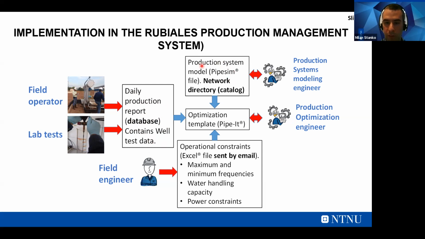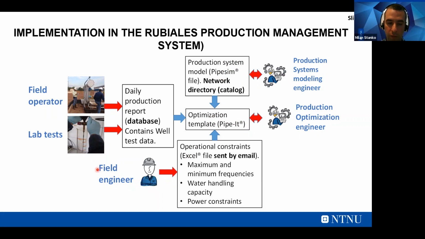Then they have a PipeSim model in a network directory. And we use those two in our optimization template that we developed using a software called Pipeit, for this integrated asset modeling. The optimization engineer is interacting with the template, but you also have the production systems engineer who is carefully tuning and updating the model, also interacting with the PipeSim model.